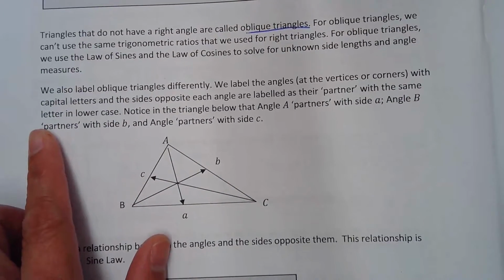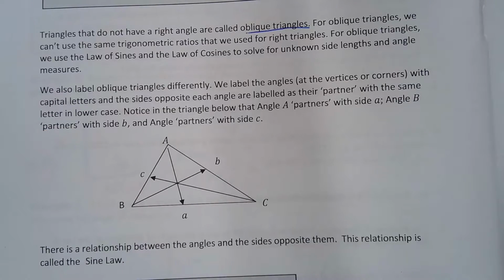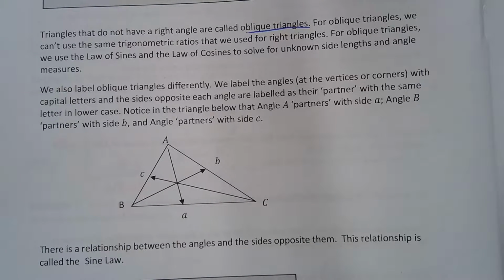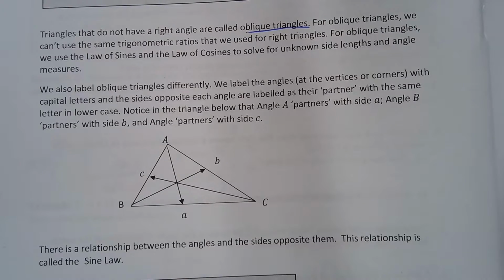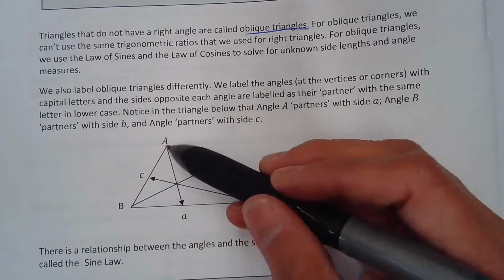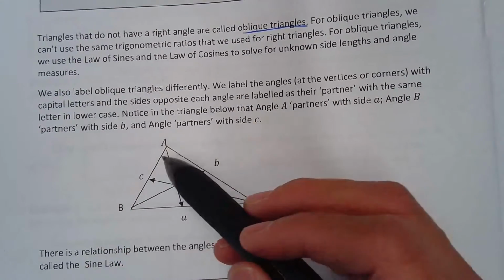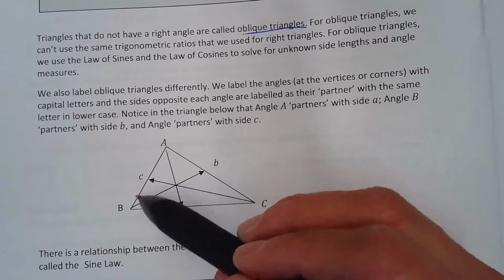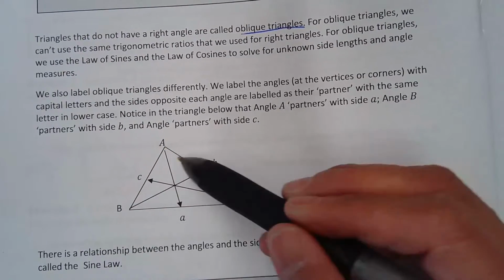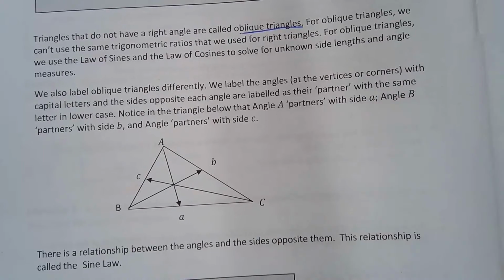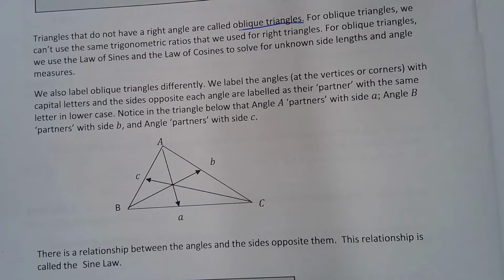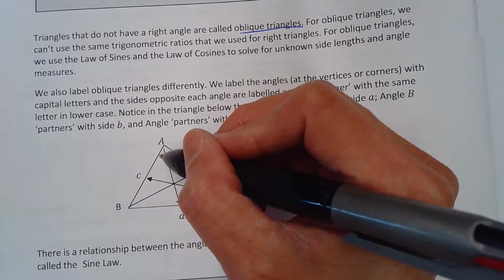The other way is called the sine law. I'll talk about what the formula is, when to use it, and how to use it. Before we move on to that, in a triangle you have three vertices, three corner points, and at those corner points is where your angles are.